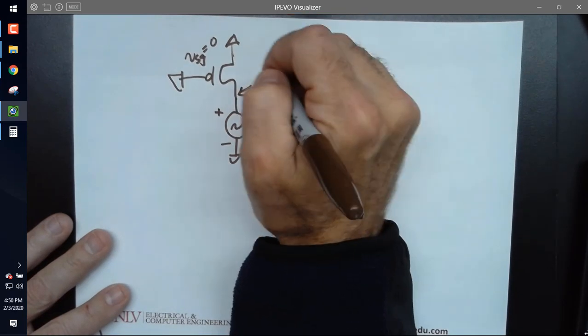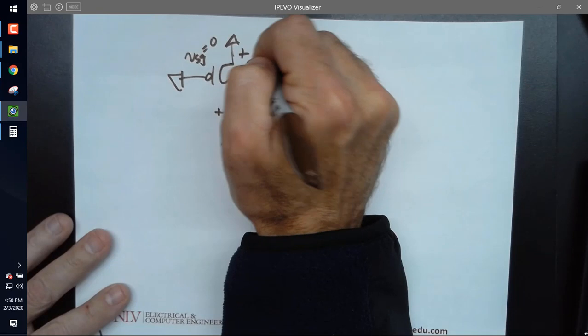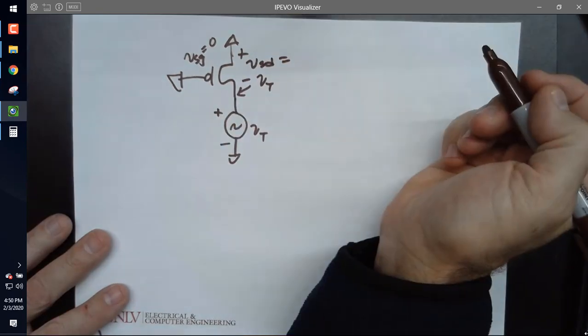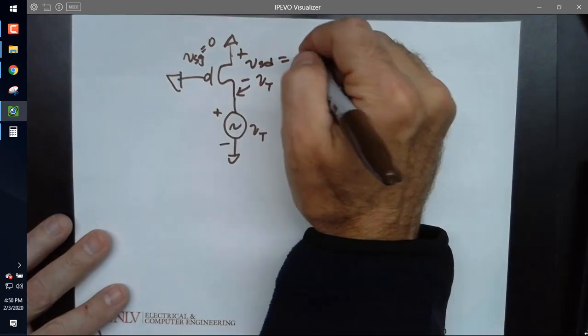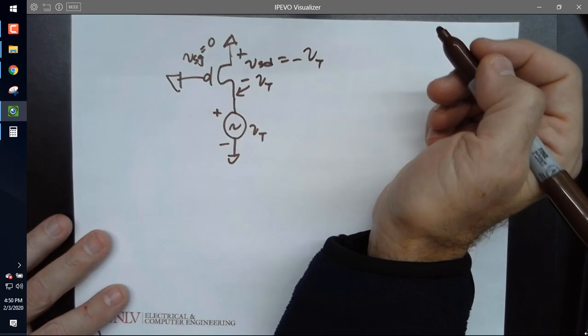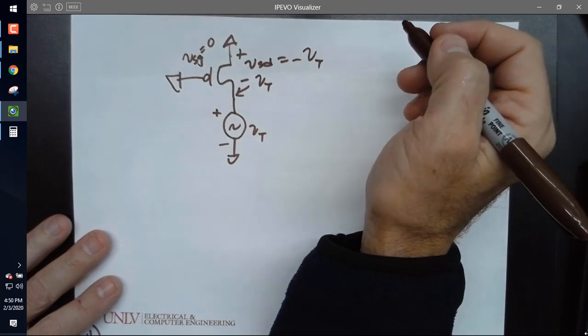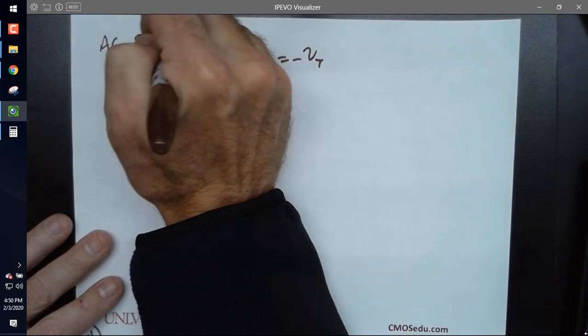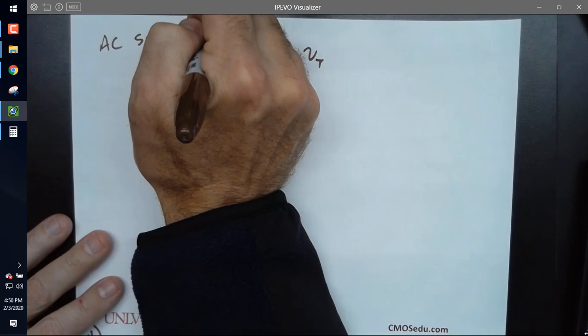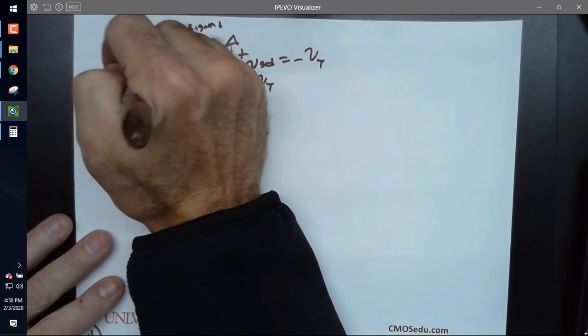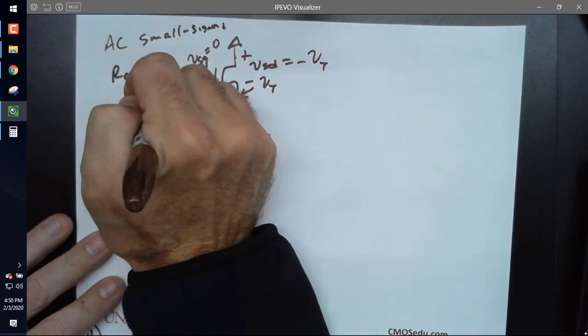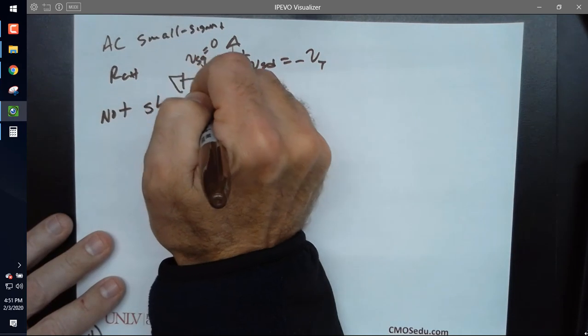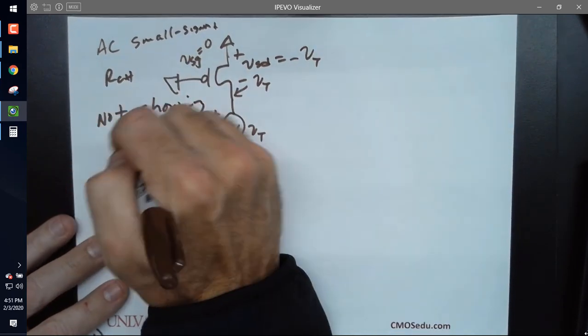What is the source to drain voltage? Looking good? Now I drew this. DC biasing. Everybody got that?